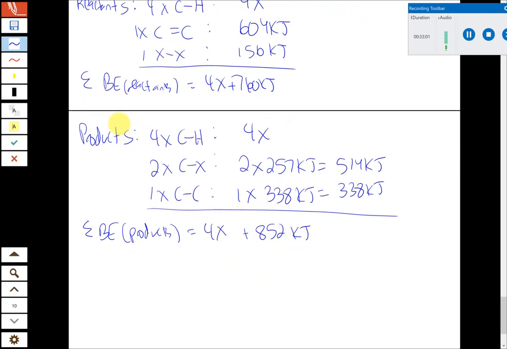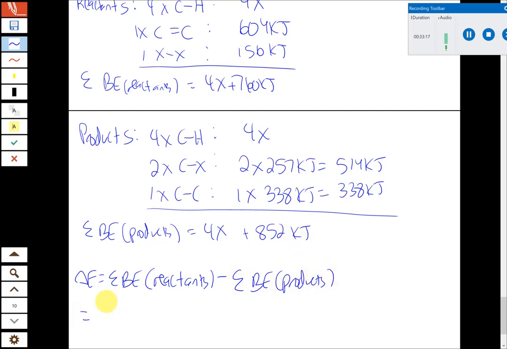And then finally, to get the delta E, remember it's going to be the sum of the bond energies of reactants minus products. So it's going to be 4x plus 760 kilojoules minus 4x plus 852 kilojoules.